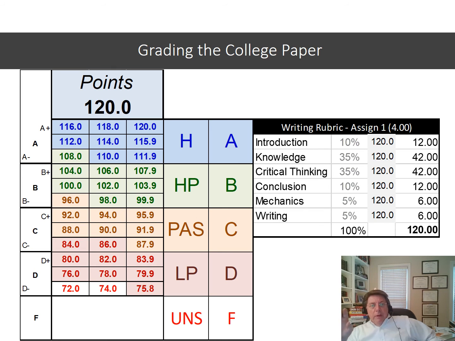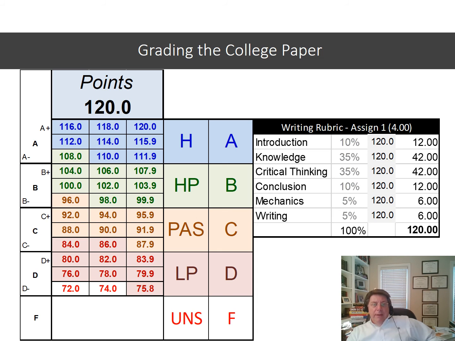So I have a significant point set aside for how well you demonstrate the knowledge of the topic, whatever question is being addressed in that week's essay, and how you think about it, how you would apply it, your ideas about that knowledge. Then, of course, you'll see on my template, I have a certain number of points set aside for how you conclude your essay.